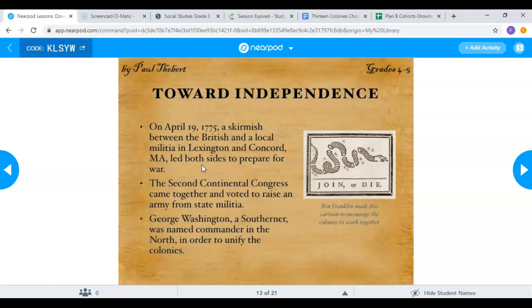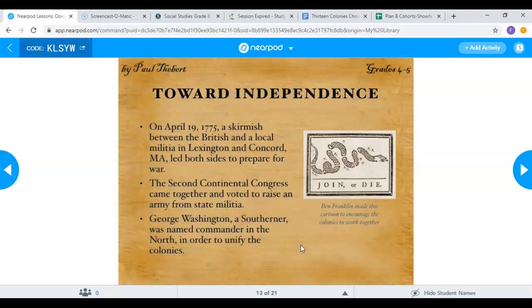The Second Continental Congress, made up of representatives from almost every single colony, came together and voted to form a militia, which at this time was a group of men who wanted to fight against the British, but they were really just farmers and various skilled workmen around the colonies.